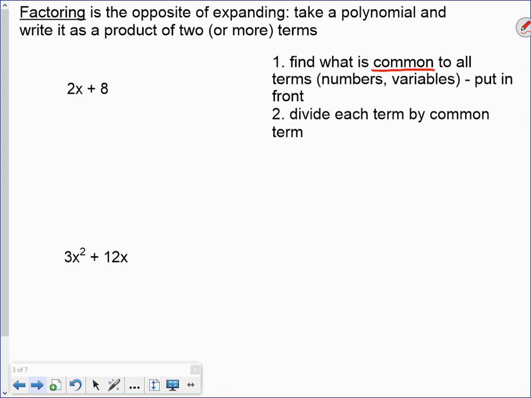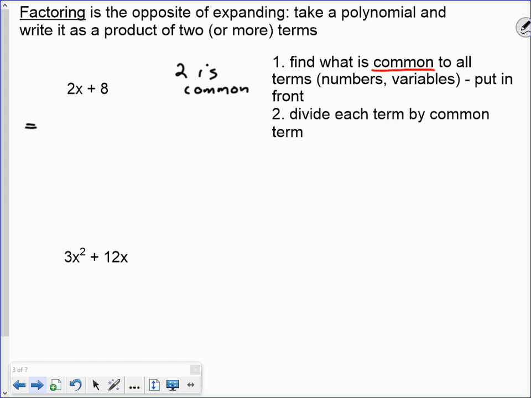So we want to look at the numbers, and we want to look at the variables. Let's look at our numbers first. We've got a 2 and an 8. Is there a number that divides evenly into both 2 and 8? And there is. They can both be divided by 2. So 2 is a common factor of those two terms.